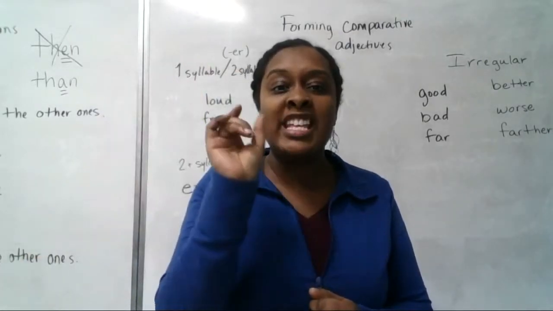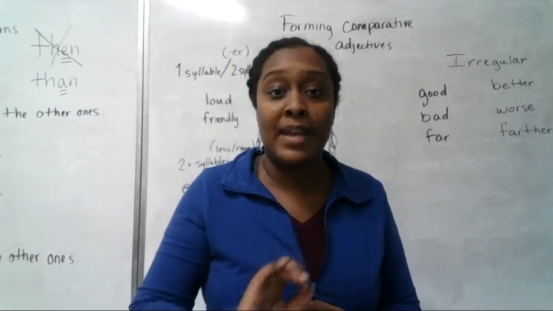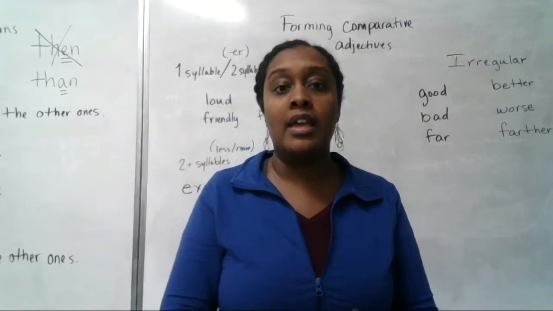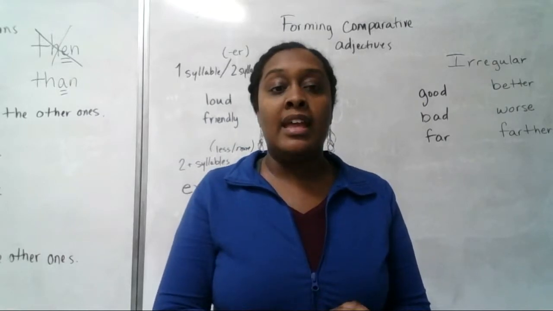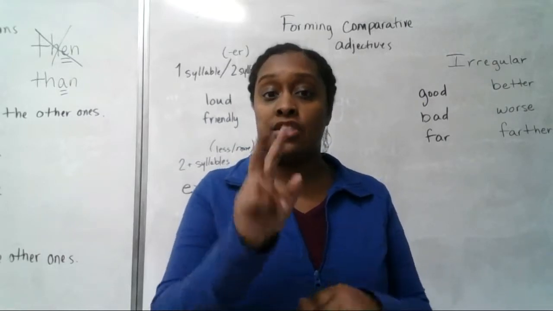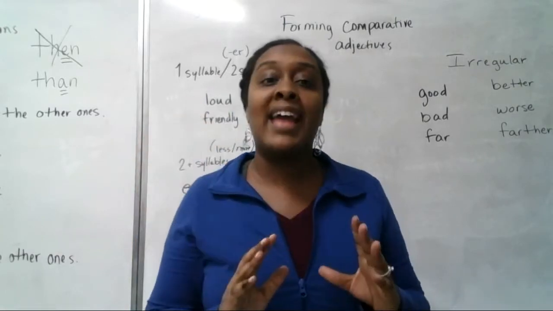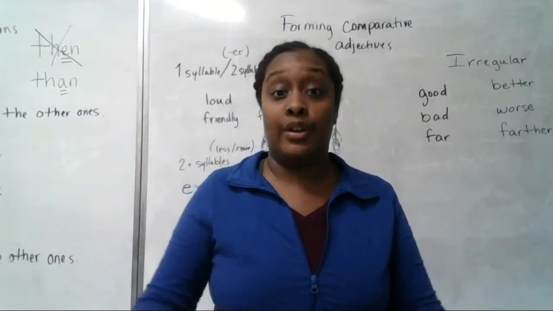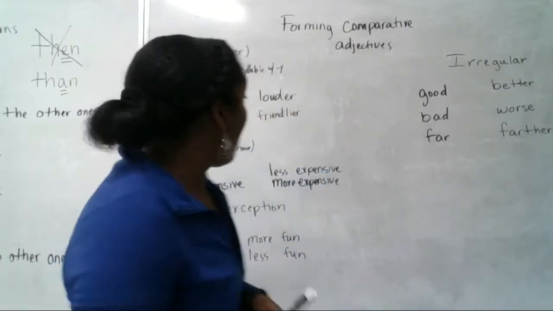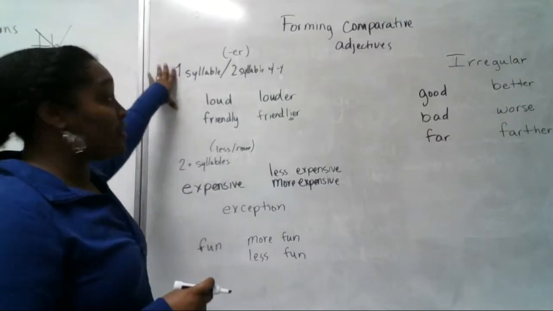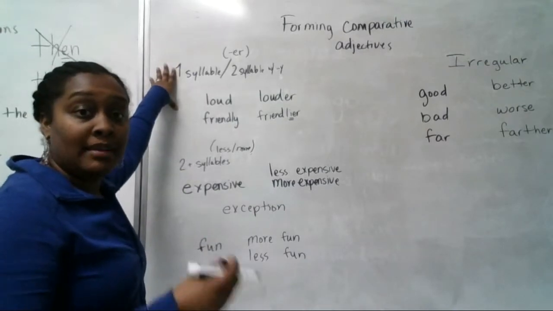The syllable is before you add the comparative adjective ending. So it's before you add the ER. Okay? That's how you count the syllables. Now, friendly is two. Friendly. But it ends in Y. So we're going to actually say friendlier. Okay? We're going to change that Y to I and add ER. So that's your first rule of forming that comparative adjective.